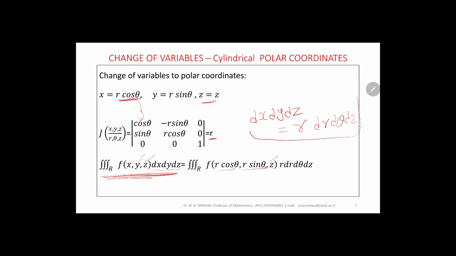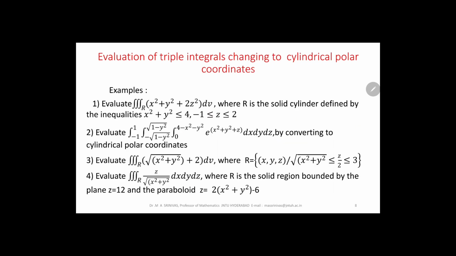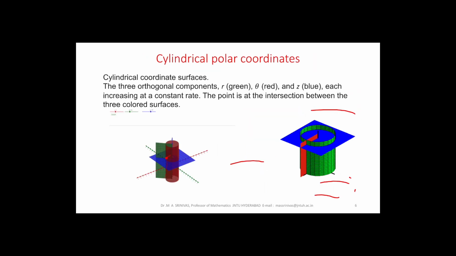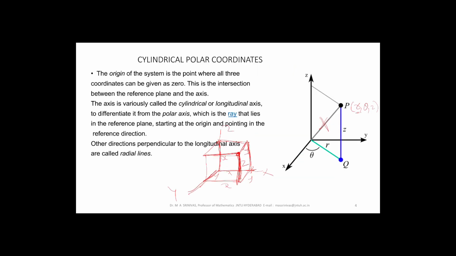So this is to be understood. Now, let us see some problems on it. Just for solving the problems, I'll go back once again. In this cylindrical polar coordinate system, z is the same as the z coordinate from the Cartesian coordinates, and r and theta are the polar coordinates on the xy plane.